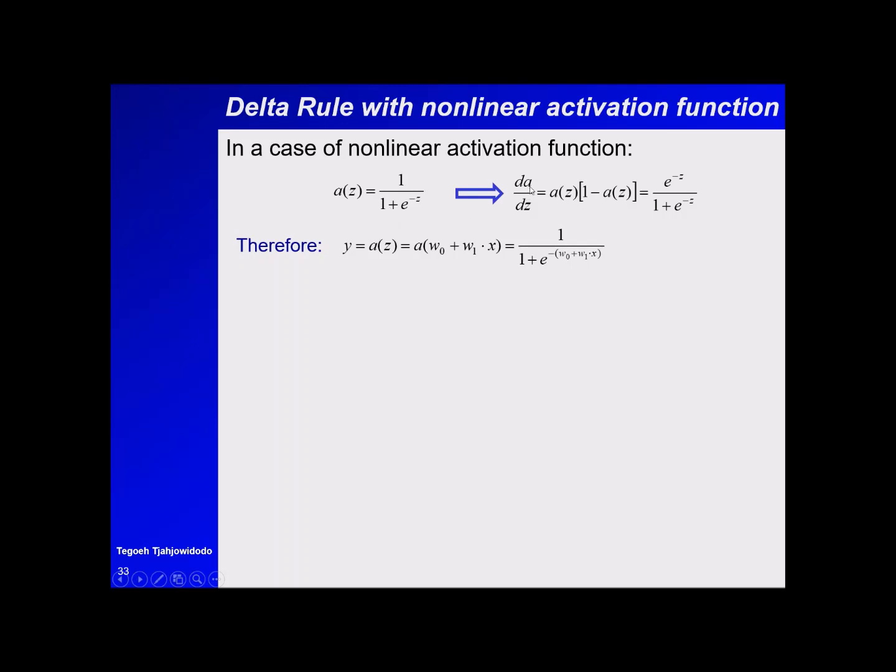The first derivative of a with respect to z will be just equal to a of z times 1 minus a of z itself. You can try to check it by yourself. It is easily proven. You can just try to differentiate this function with respect to z, then you will get this, and this basically is equal to a times 1 minus a.